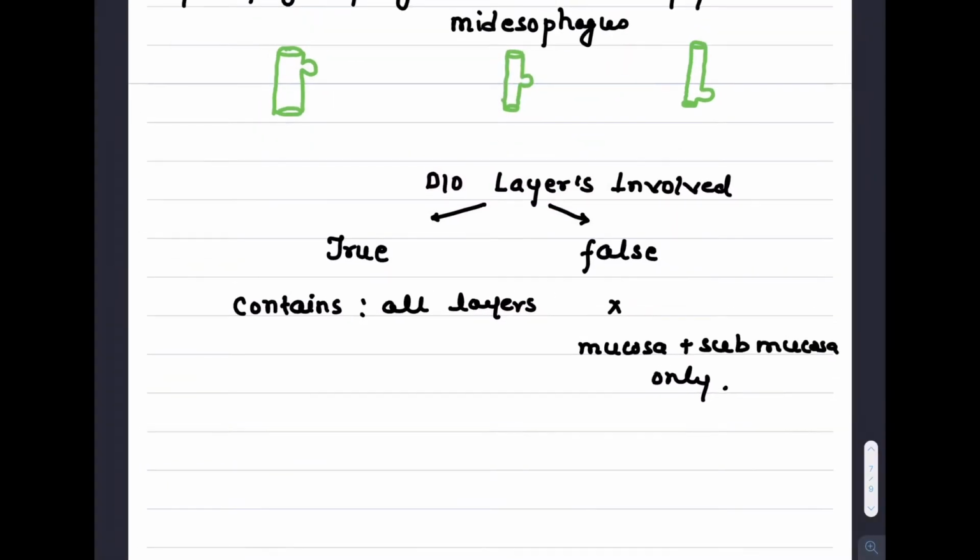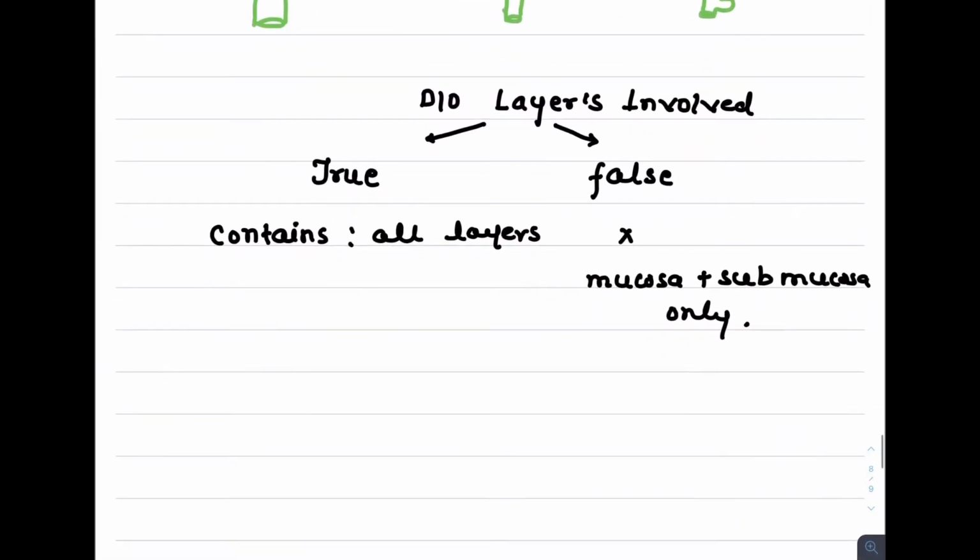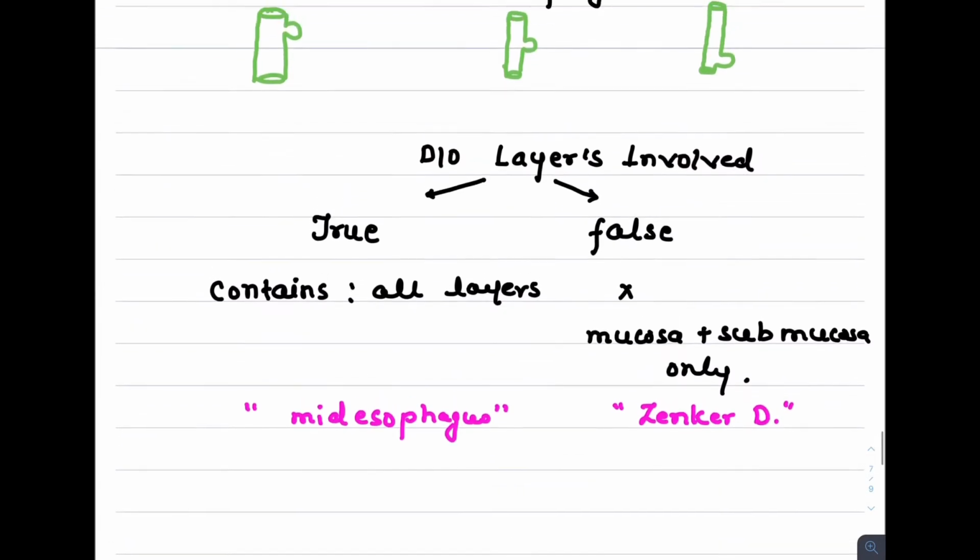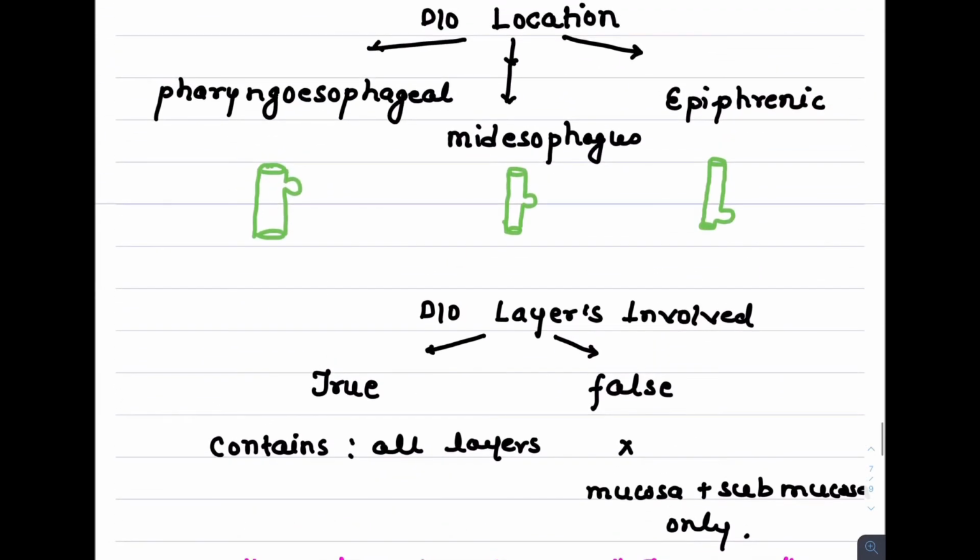Example of the true diverticulum is the mid-esophagus diverticulum, located in the mid-esophagus, and this is due to traction and it will have all the layers. An example of the false is the Zenker diverticulum. Example of the pharyngoesophageal is again Zenker diverticulum.